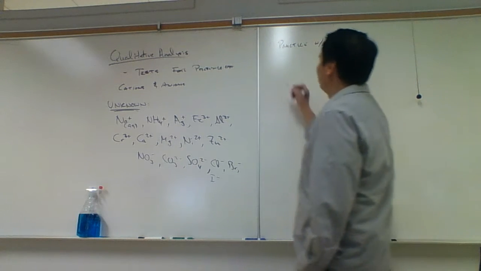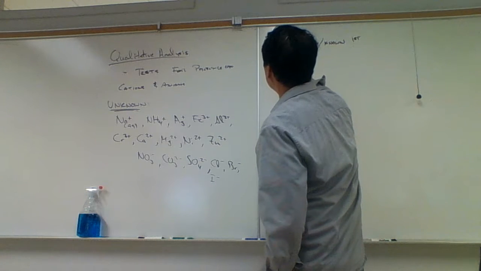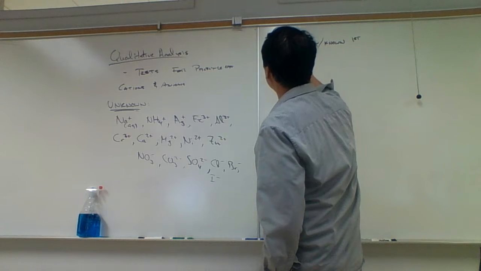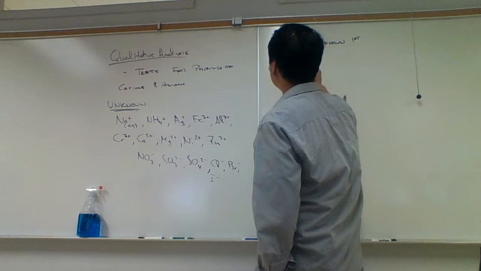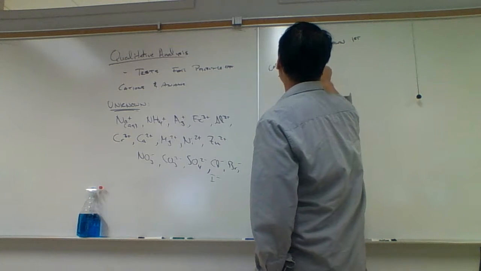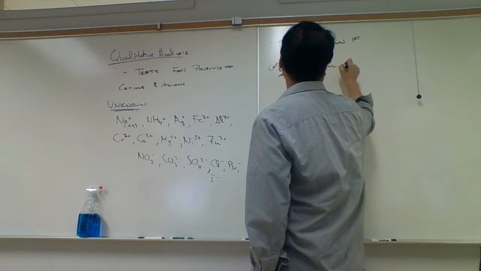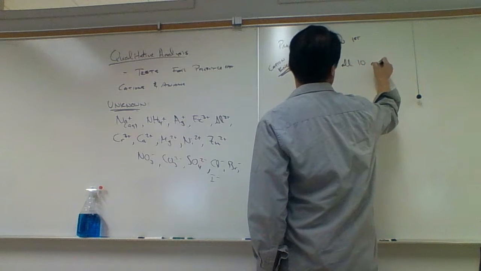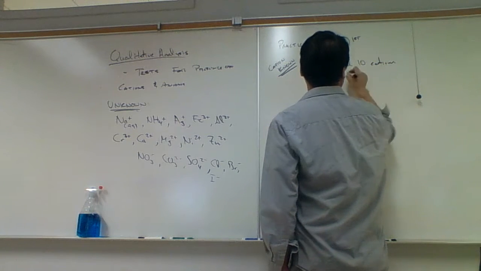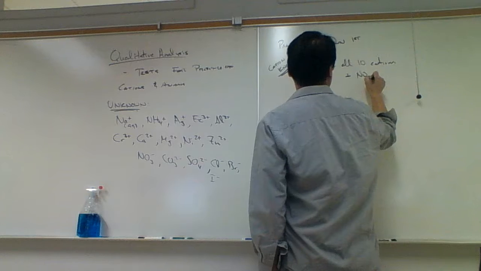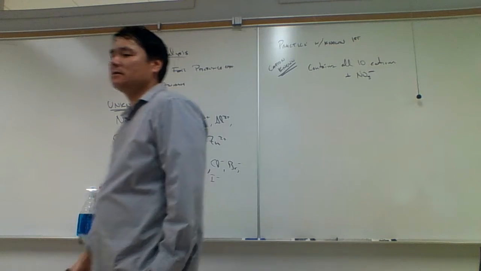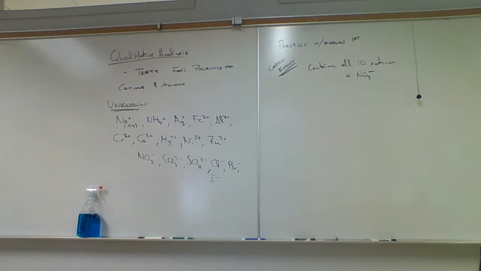And we have two known solutions. We have the cation known. The cation known contains all 10 cations and nitrate. Nitrate is not reactive in the metathesis sense, so it works out okay.